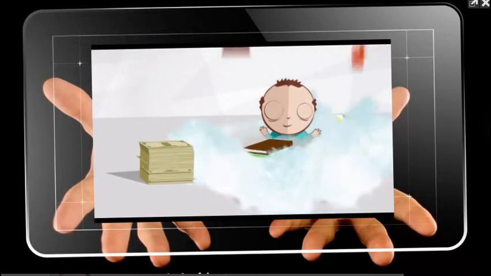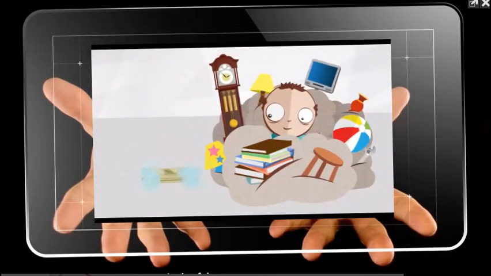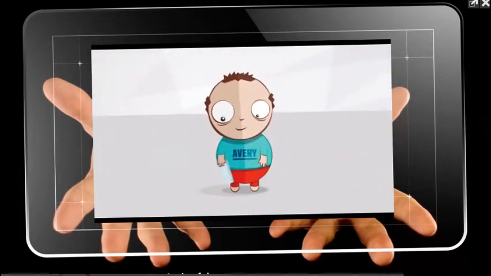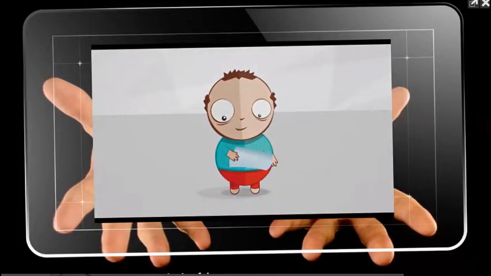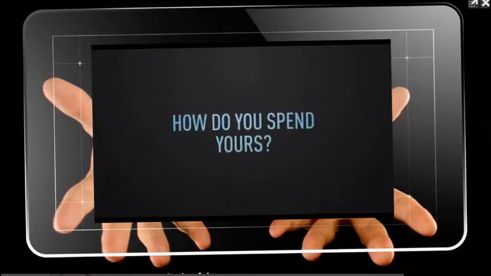The rest? Miscellaneous stuff. And that is how average Avery spent his paycheck. How do you spend yours?